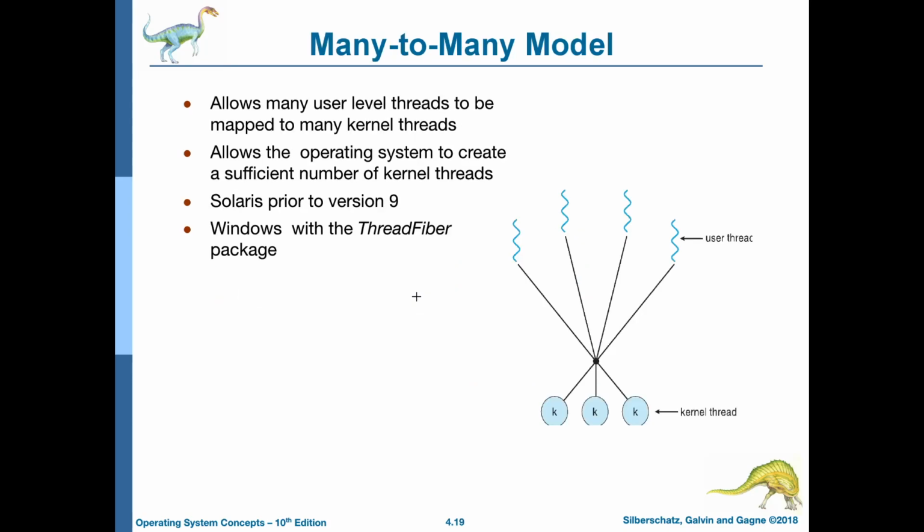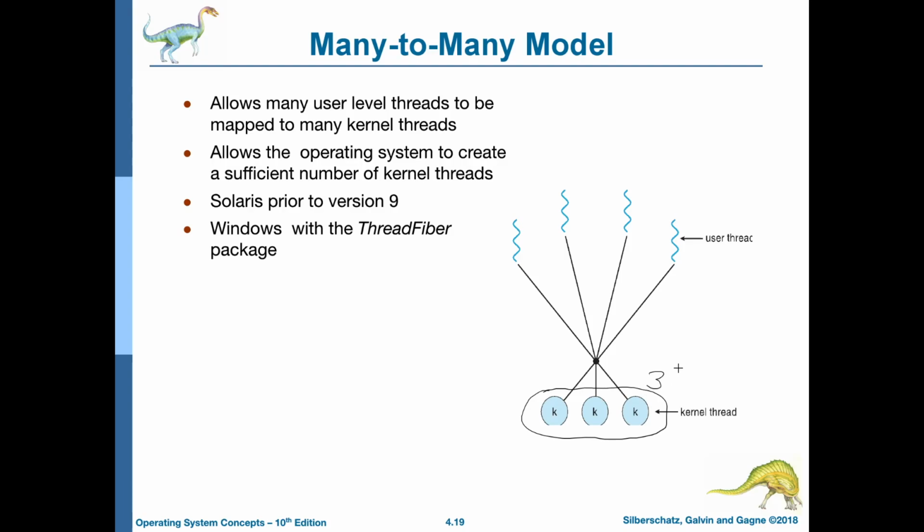There is another model called the many-to-many model. Now, in the many-to-many model, the operating system creates a certain number of kernel threads. So we have here 3. That's how many are created to start out with.